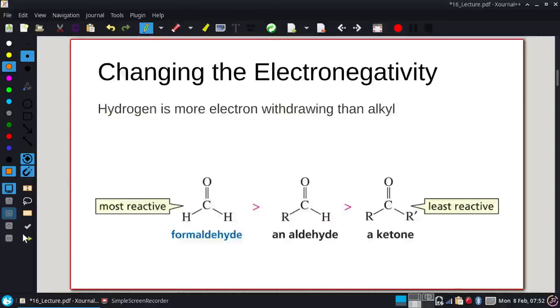Now that's mainly because the H and the R are not good leaving groups, but we do have a reactivity difference towards nucleophilic substitution. Aldehydes are more reactive than ketones in general. Formaldehyde is the most reactive of these because those H's really do not get in the way.